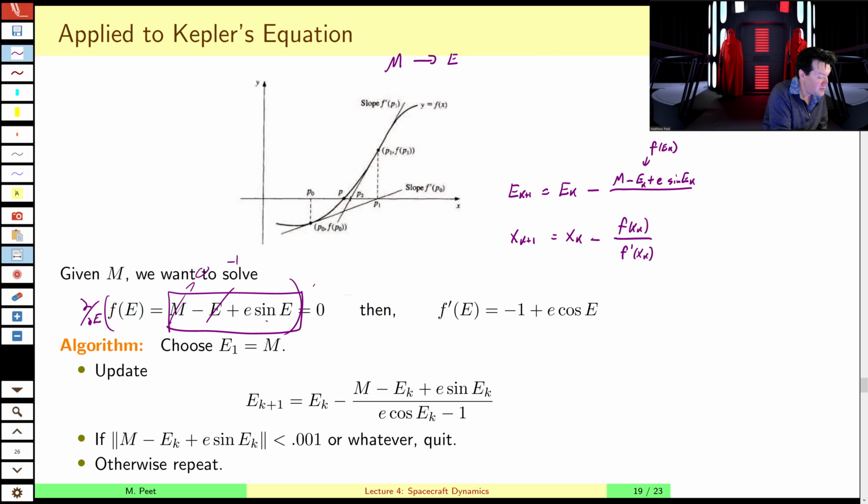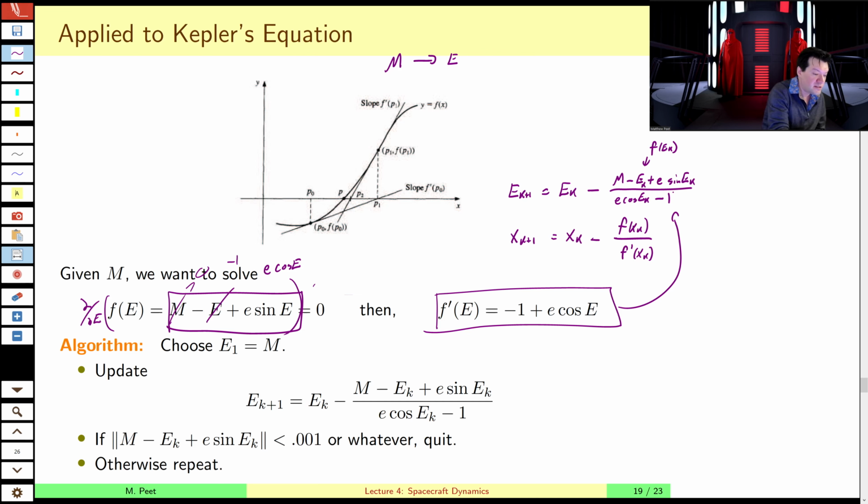And dDE of this is e cosine e. So the derivative of f with respect to e is f prime equals -1 plus e cosine e. And so we'll just plug that in here to get e cosine ek minus 1.